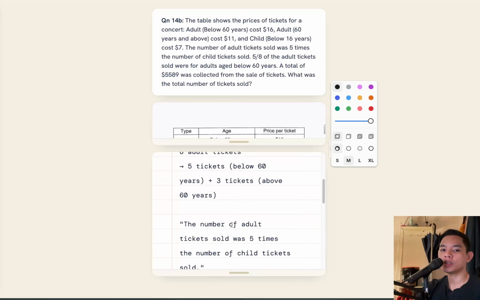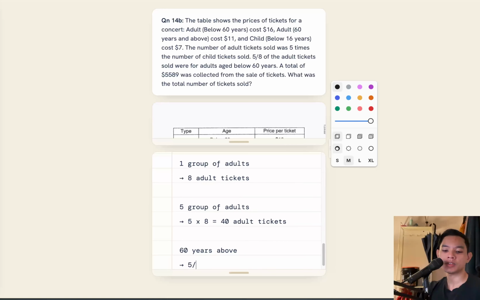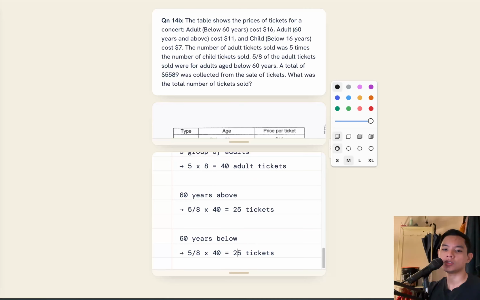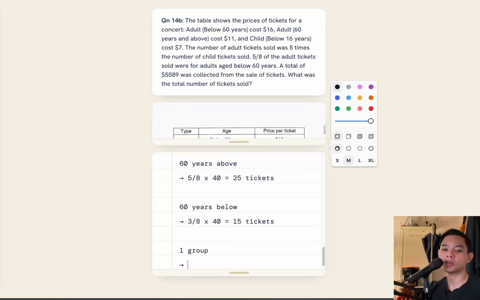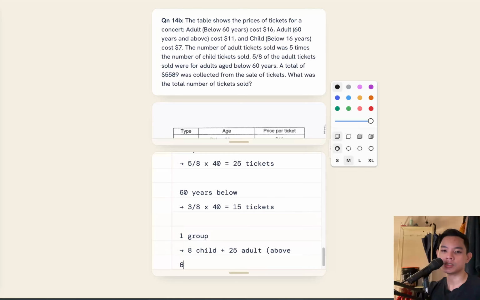And then 40 adult tickets, so below 60 years, then be 5/8 times 40. This will give us 25 tickets. Then above 60 years is 3/8, which means this is 15 tickets. So one group will then be equal to 8 child plus 25 adult below 60 years plus 15 adult above 60 years.